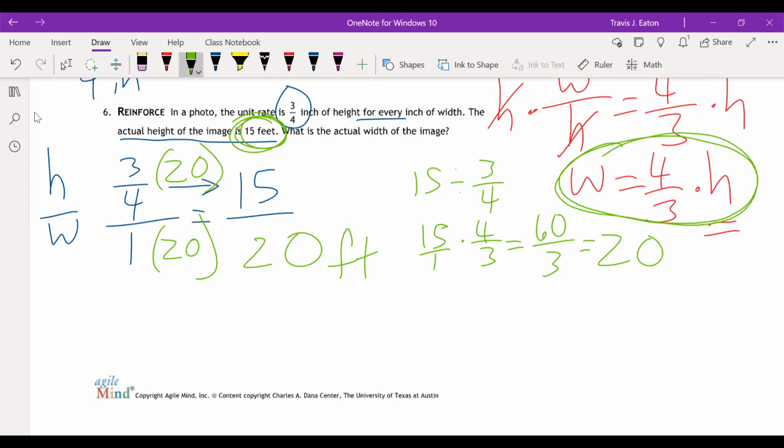That would be simpler than what we did, but we're using proportions to show you how to do this: taking one ratio and making it equal to the other, and then solving for the missing piece. All right, let's move on to the next question.